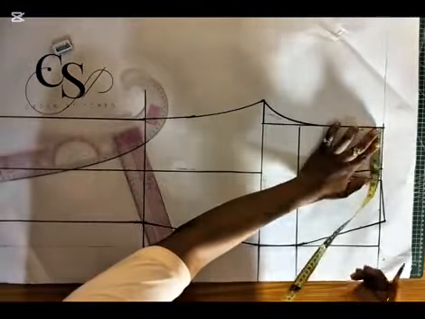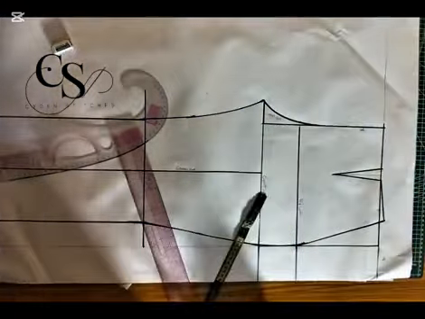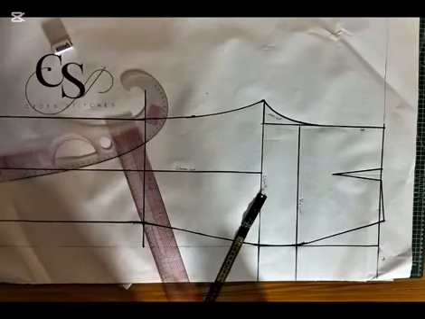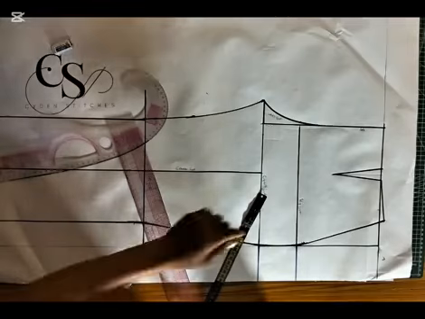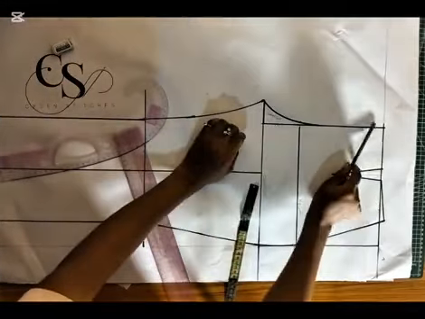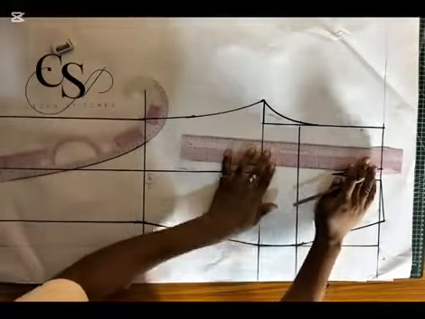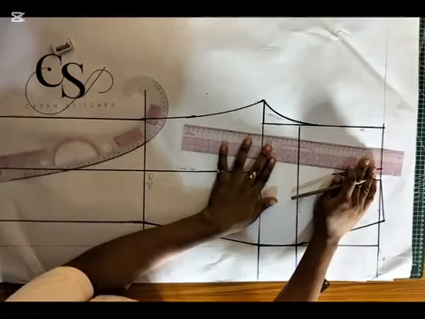Then on the waistline, you go in by 2 inch. For hip circumferences less than 40 inch, you go in by 1.5. So 1 here, 2 inch here. What you do, you connect it with a straight line.